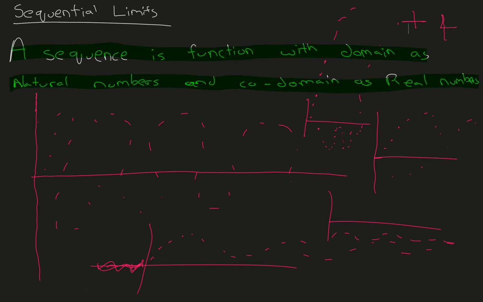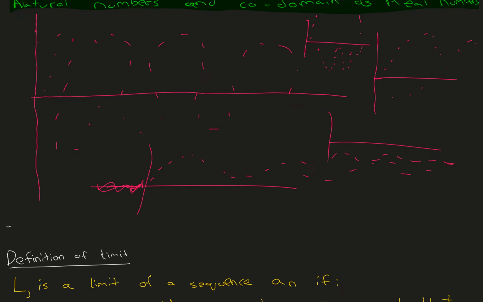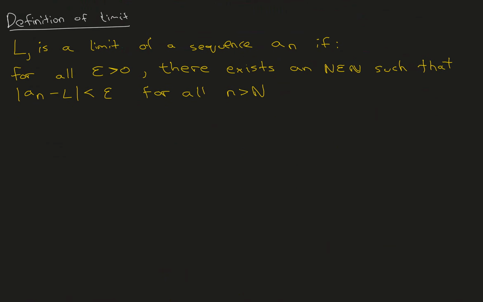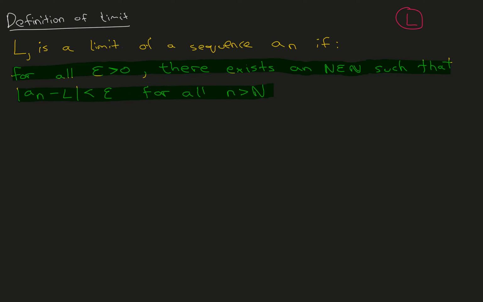So let's take a look at the definition of limits for sequences. L is a limit of a sequence if for all epsilon greater than 0 there exists an N in the natural numbers such that |a_n - L| is less than epsilon for all n greater than N. Well, what does that mean?